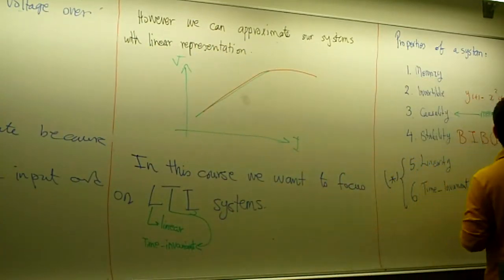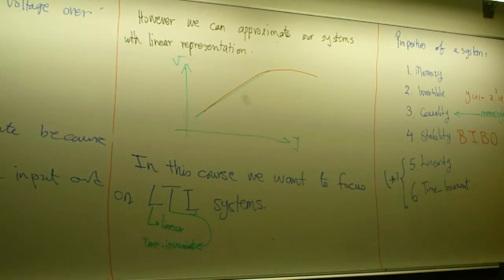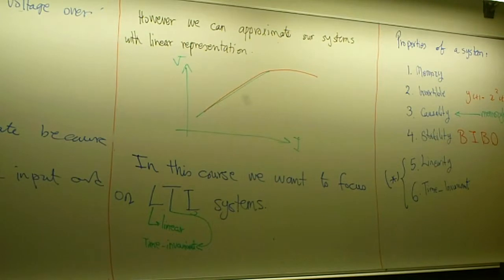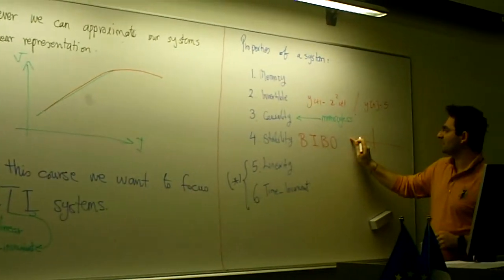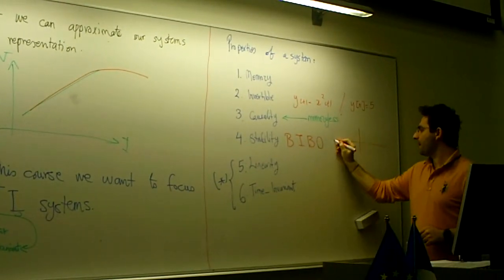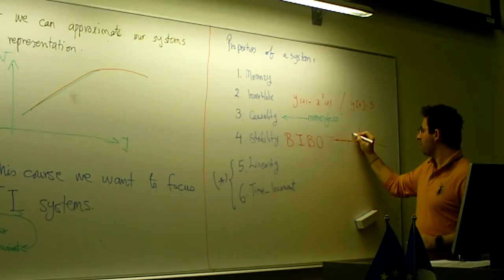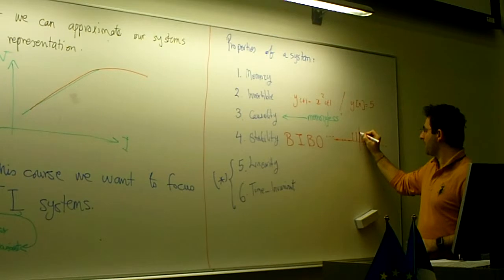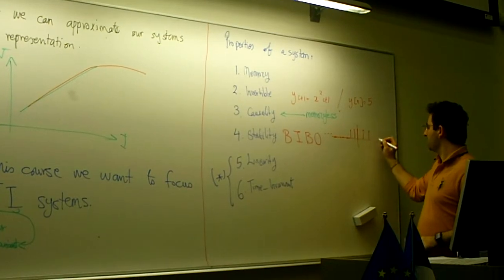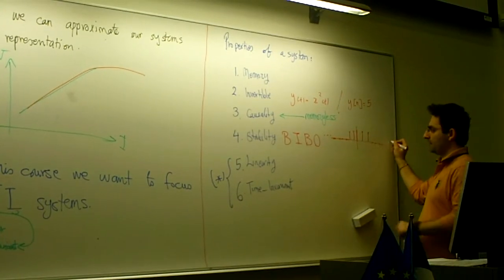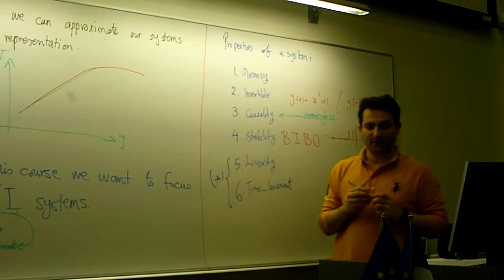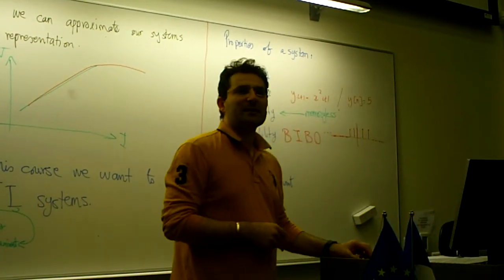Now, is this signal bounded? Let's do it in discrete, from minus infinity to plus infinity. Is it a bounded signal?